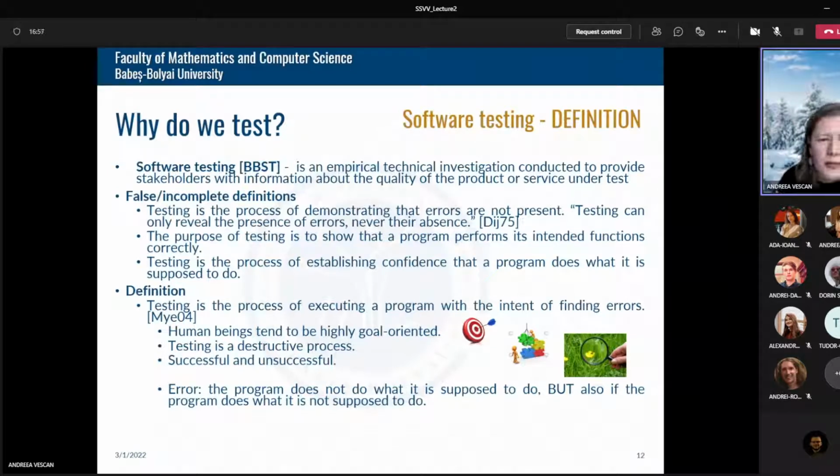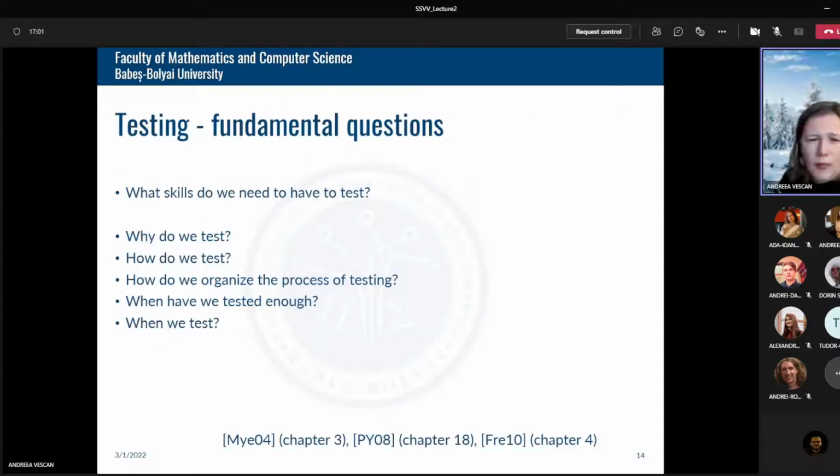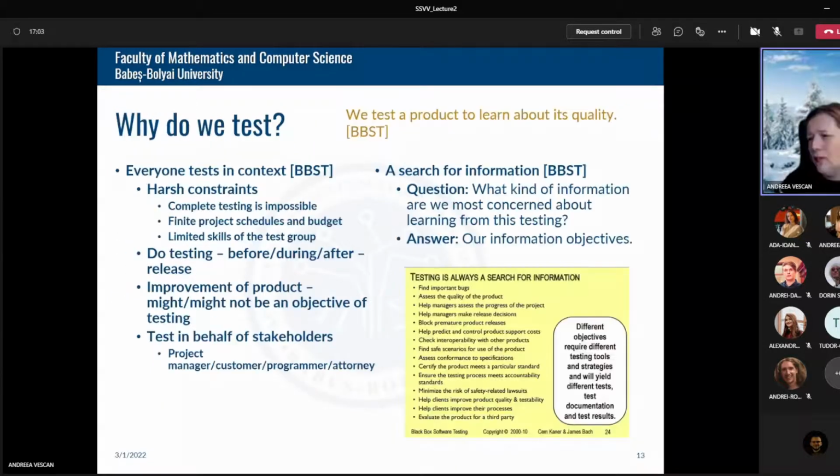To answer the same question, why do we test, it's also important that we understand two important things. When we test in context, we have different constraints that we need to fulfill, like schedules and budget, and maybe limited skills of the testing groups and so on.